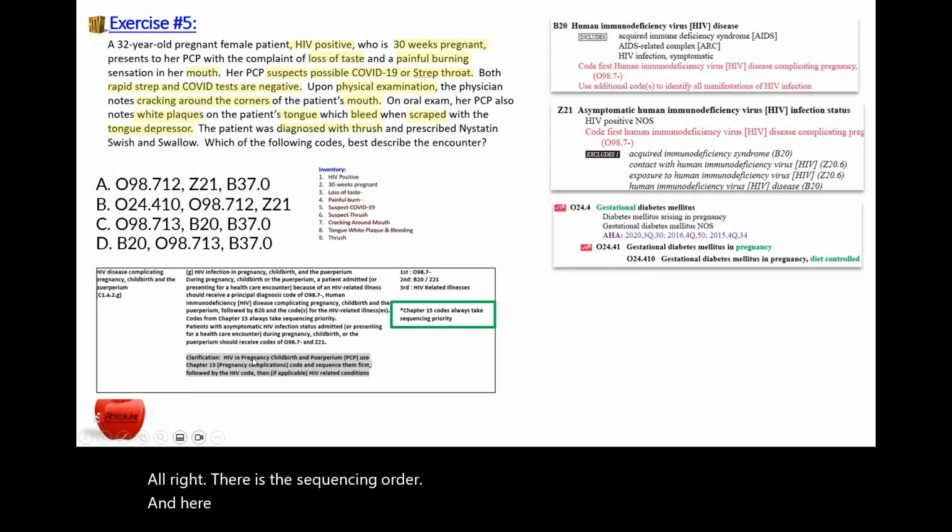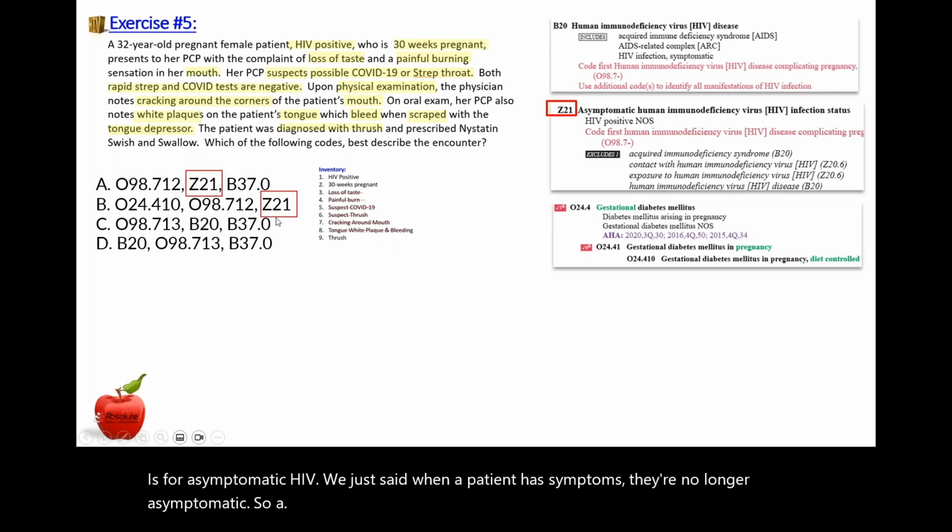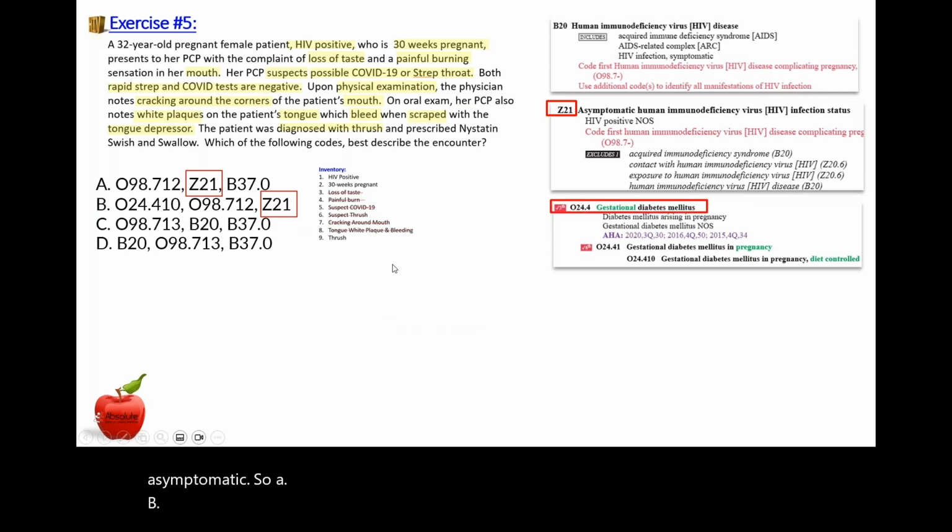And here's our guideline. And this Z21 is for asymptomatic HIV. We just said when a patient has symptoms, they're no longer asymptomatic. So A, B, gotta go. Also, this patient has gestational diabetes.